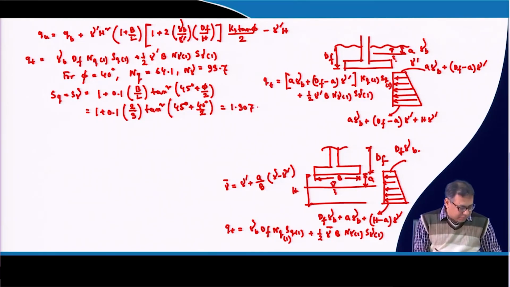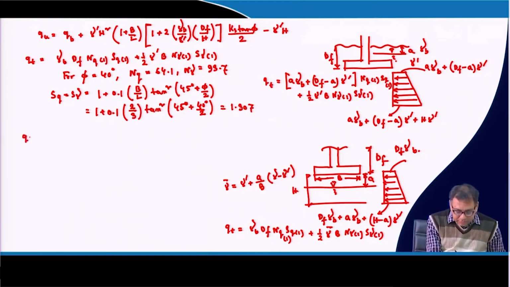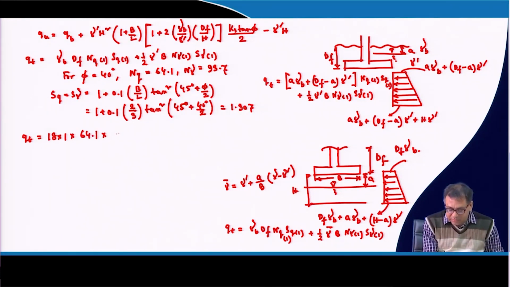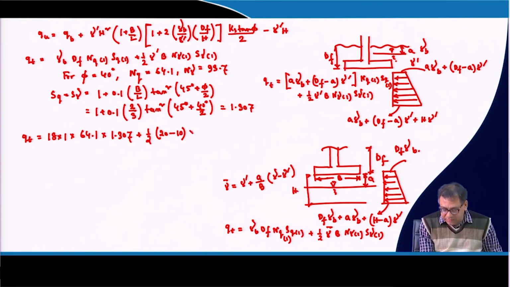So now this value will be 1.307. Finally, if I calculate QT, then QT is coming: gamma is 18, Df is 1, Nq is 64.1, then Sq is 1.307, plus half, gamma dash is 20 minus 10, then B is 2, then N gamma is 93.7, and the shape factor 1.307.